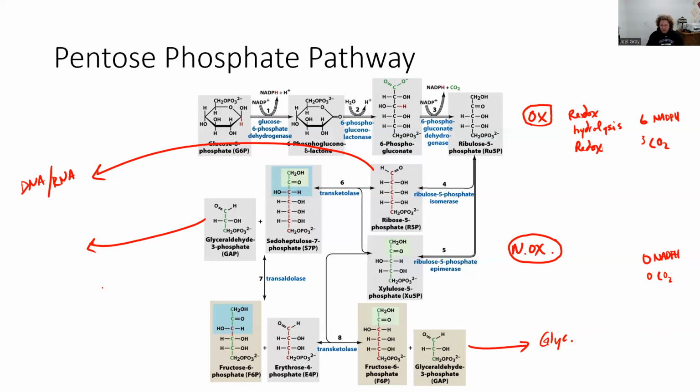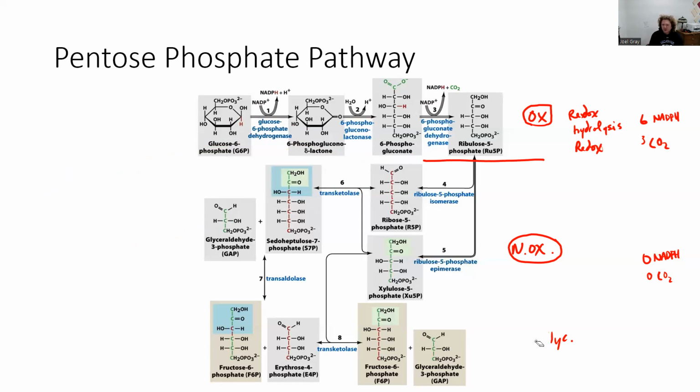Now, with that in mind, I want to simplify our reactions of this non-oxidative phase. I'm going to go ahead and draw my defining line between my oxidative and non-oxidative phases. In my non-oxidative phase, the first reactions that I have are simply rearranging of 3 of my molecules.